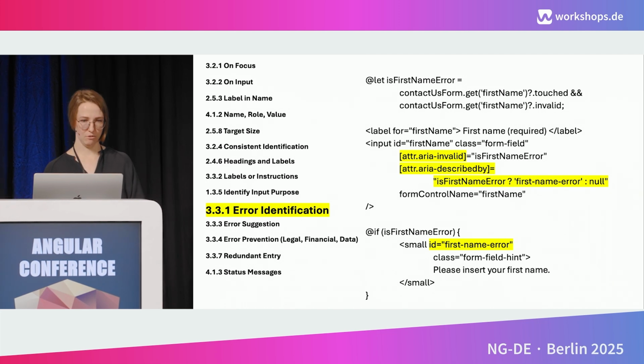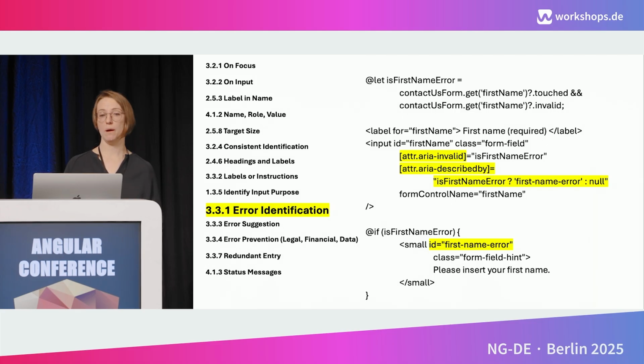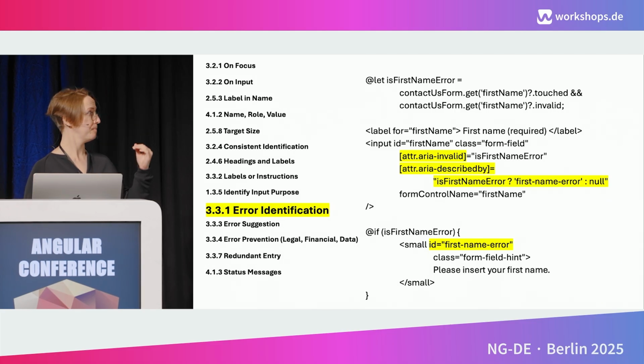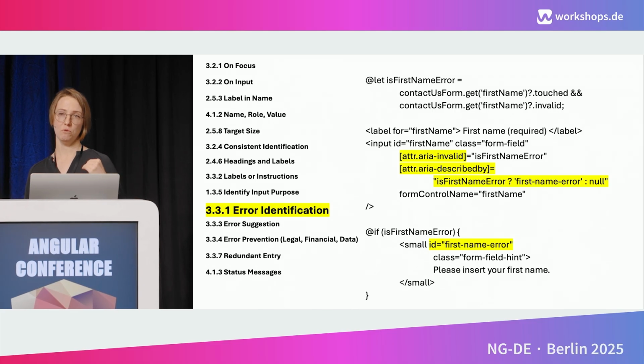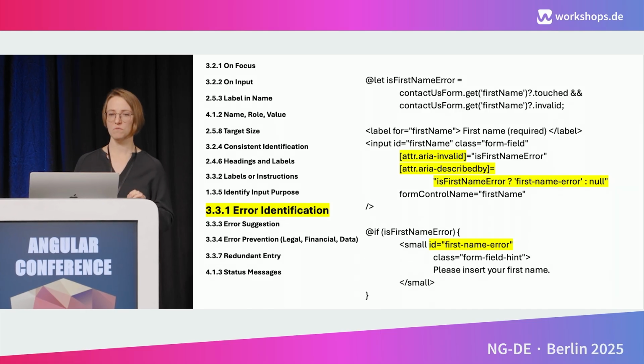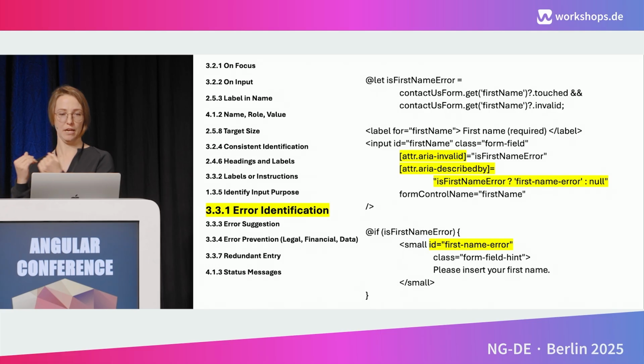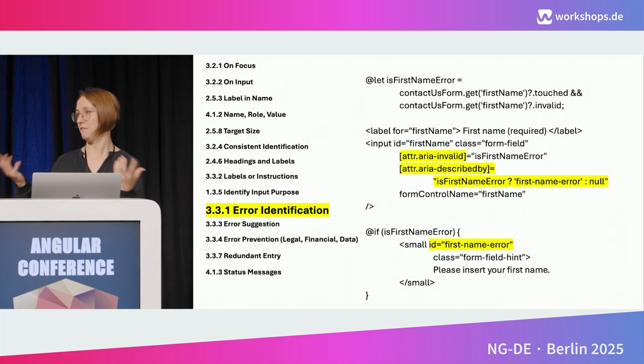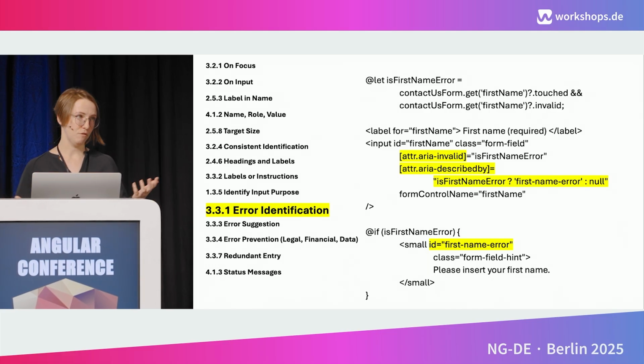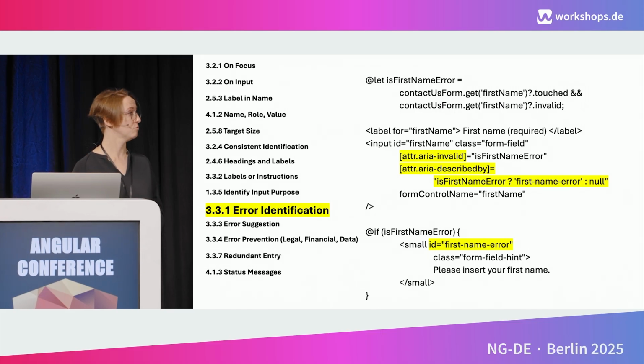One of the ways to do this at the moment is aria-describedby, referring to the ID of your message. A small improvement is to do this conditionally. If the message is there, then you refer to the ID. If the message is not there because everything is valid, then you refer null, and then there are no false positives with automation tools, etc.